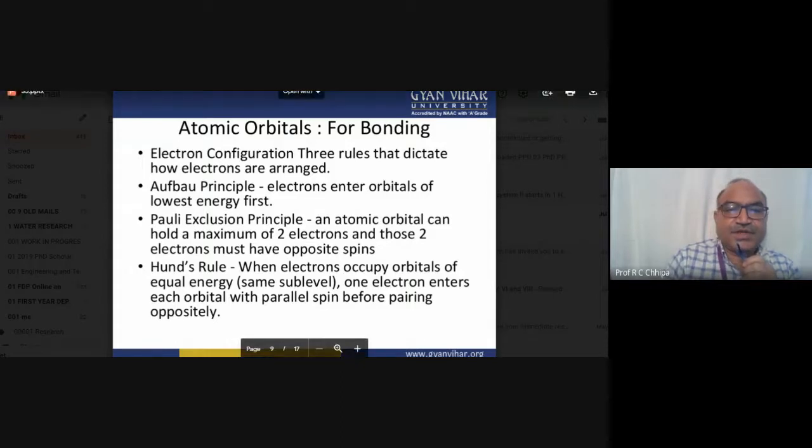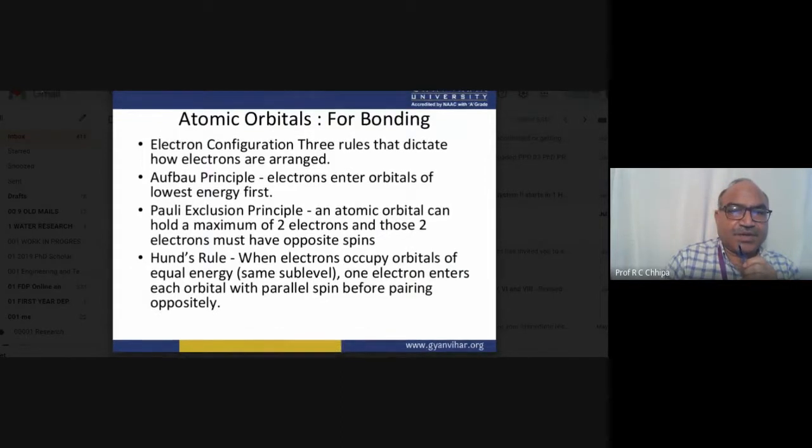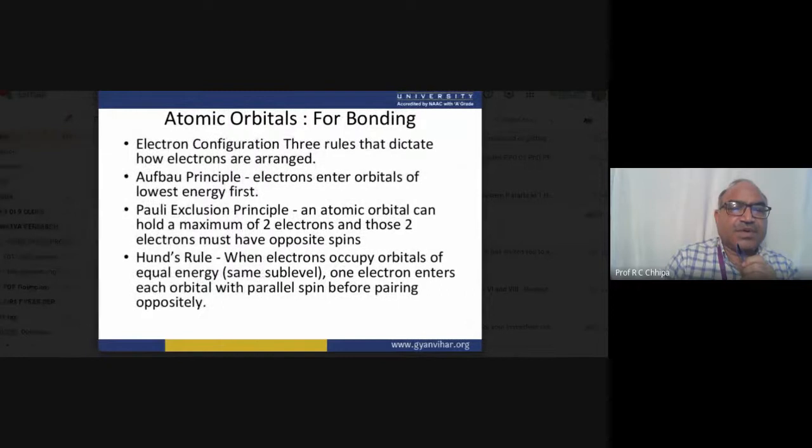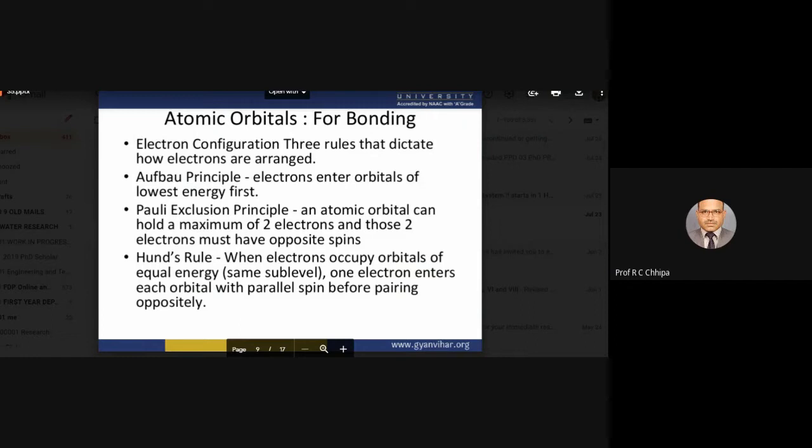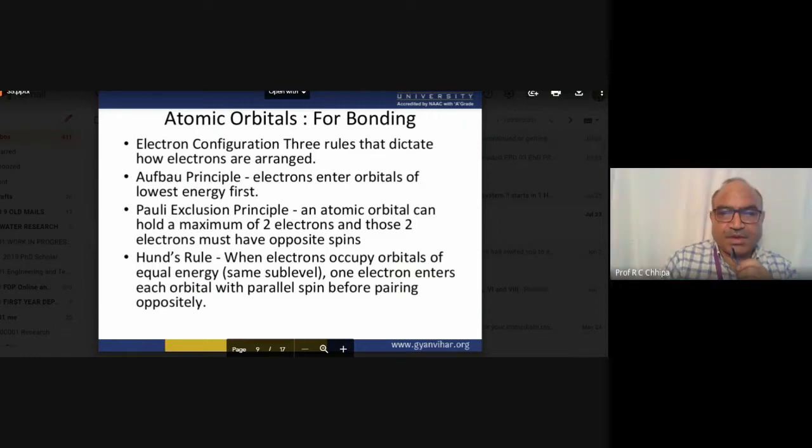So this is all about the atomic orbitals, the most important aspect. That is all about atomic orbitals.